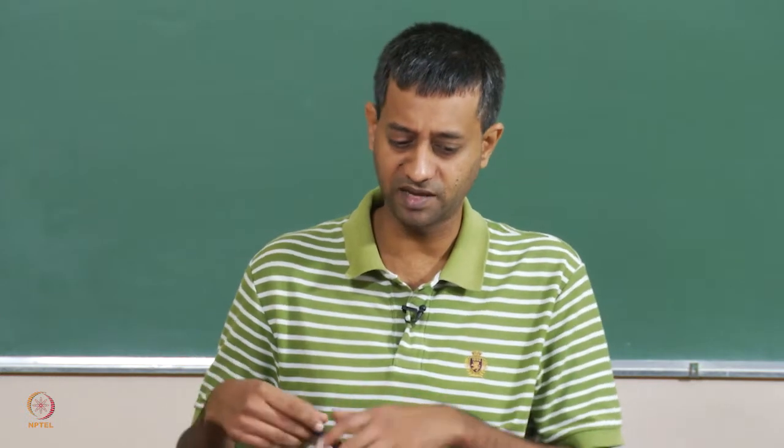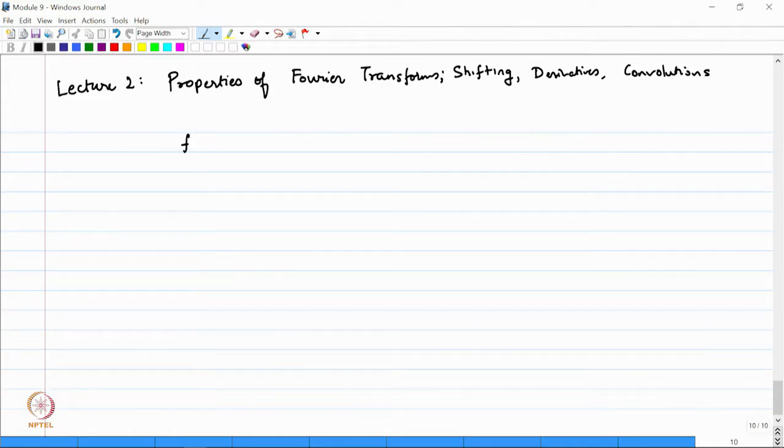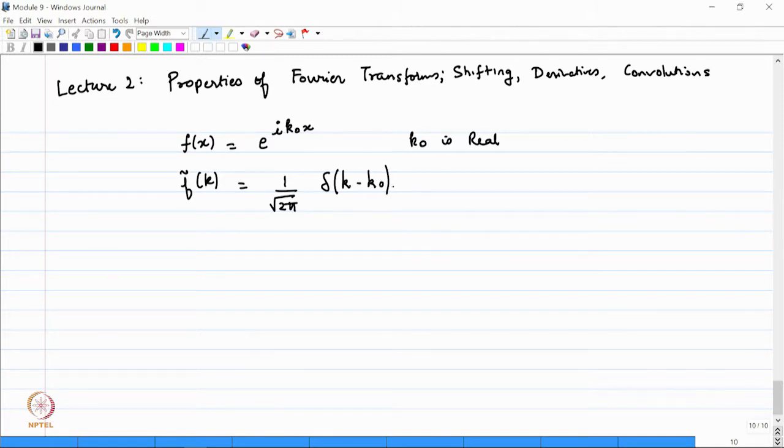Now, we ask a question. Suppose I take f of x equal to e to the i k 0 x. Again assume that k 0 is real. Now, if I take f tilde of k, you can work this out, you will get 1 over square root of 2 pi delta of k minus k 0.